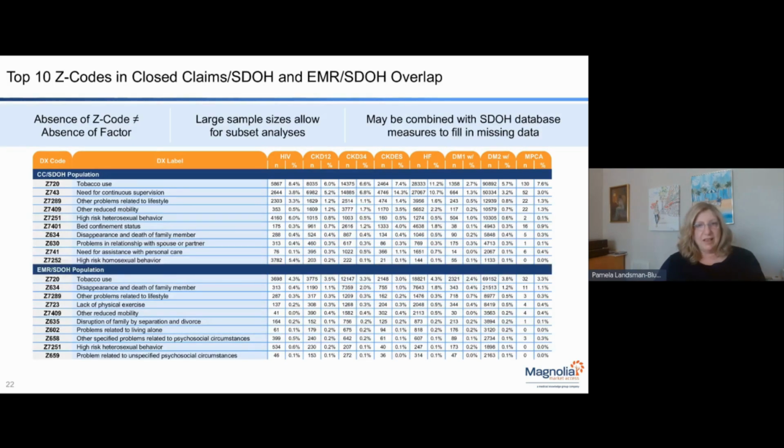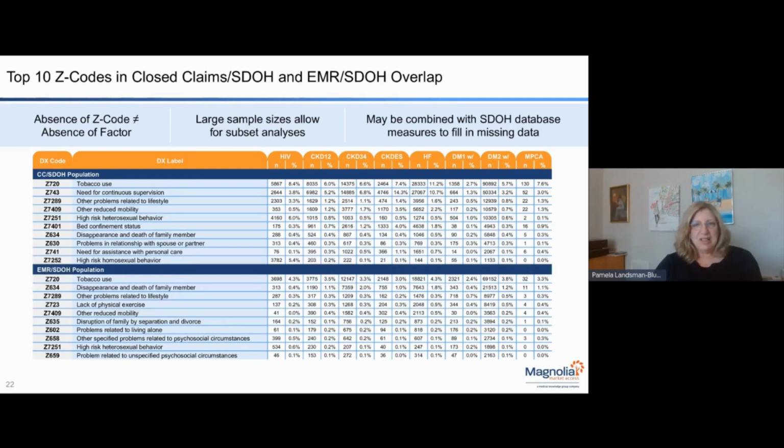And when we looked at specifics, I know there's a lot of numbers here, but there's something to consider in that the absence of a Z code is not the same as the absence of that factor. So although you may have 7% of patients with advanced CKD noted as tobacco users, it does not mean that the other 93% do not use tobacco.